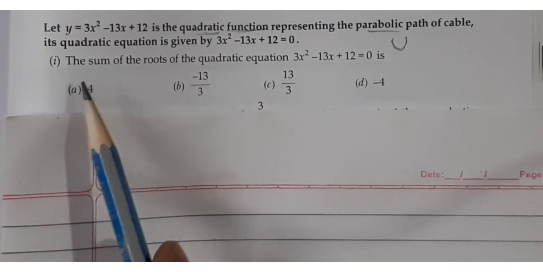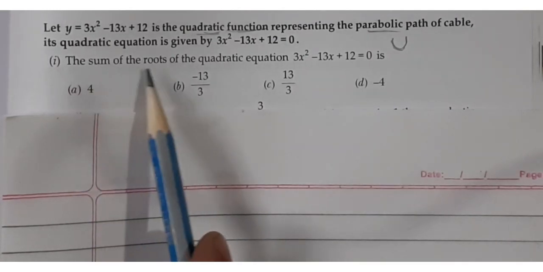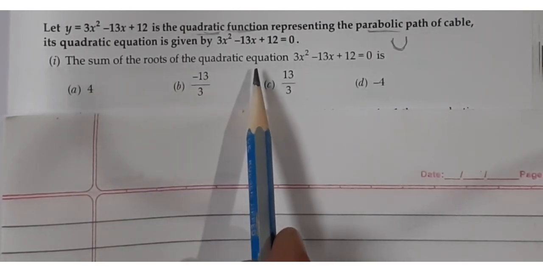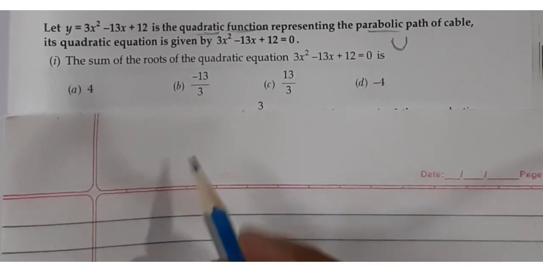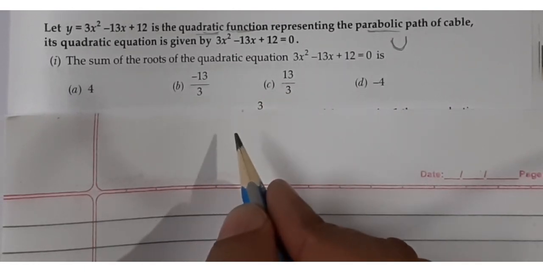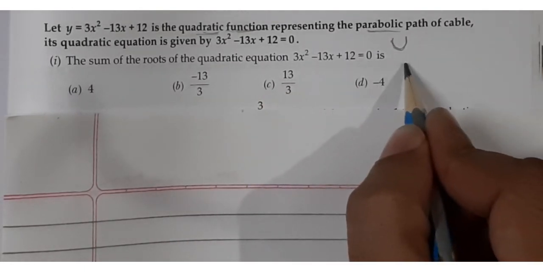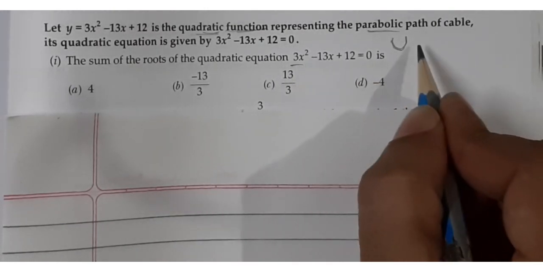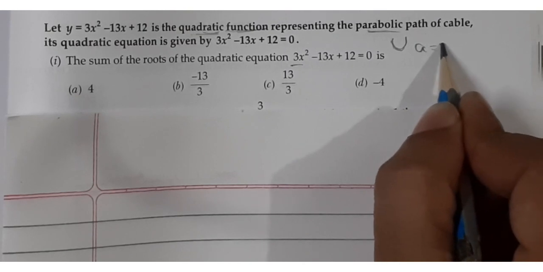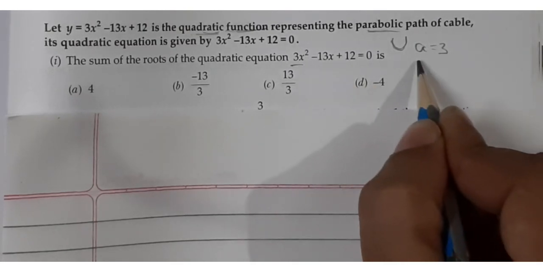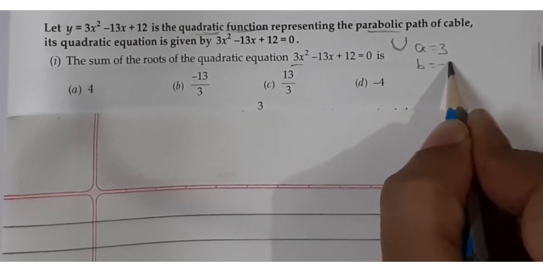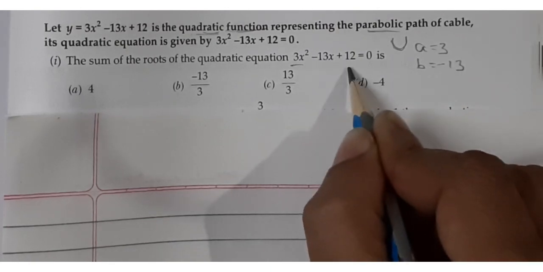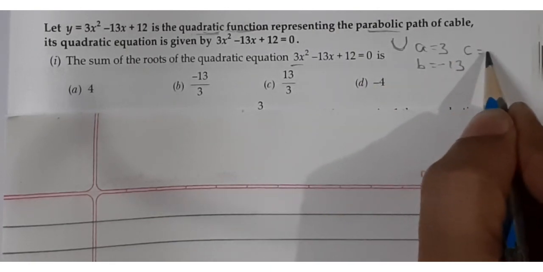Now what is our first question? The sum of the roots of this quadratic equation. What do we know for the sum of the roots? Sum of the roots is minus b upon a. Here a is 3, b is minus 13 and c is 12.